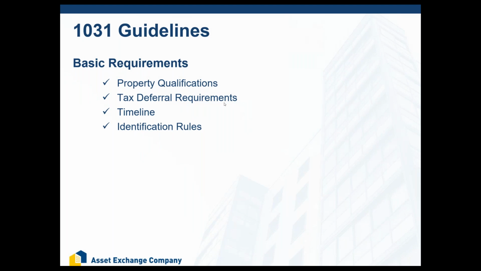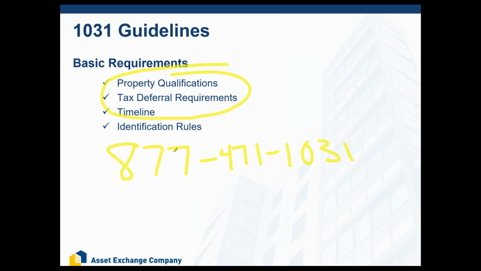If you remember those basics and you remember my phone number, you are never going to have a problem when a client of yours is doing a 1031 exchange, because you'll be able to answer most of the questions if you remember these 4 things.